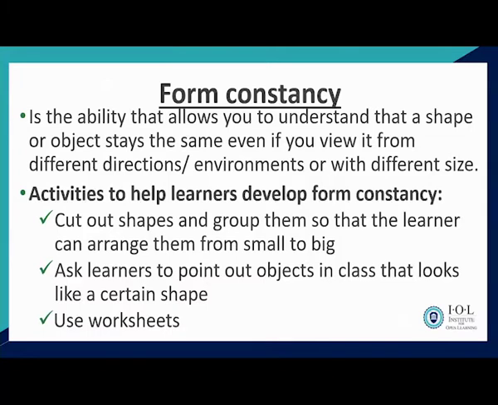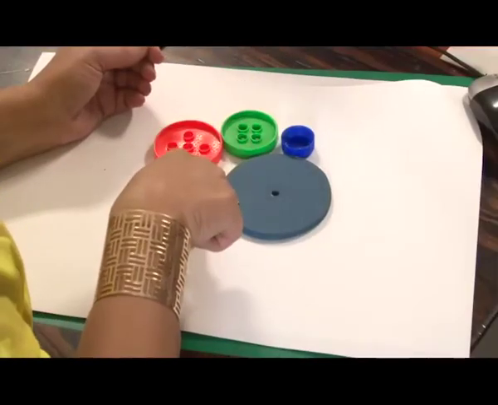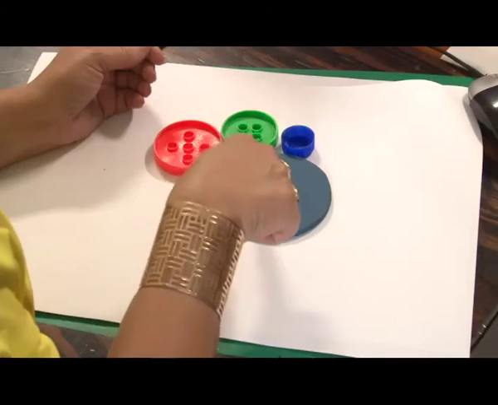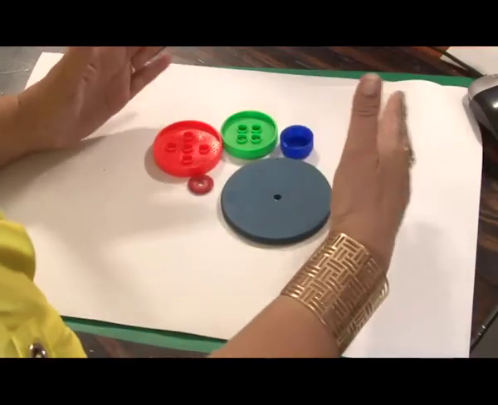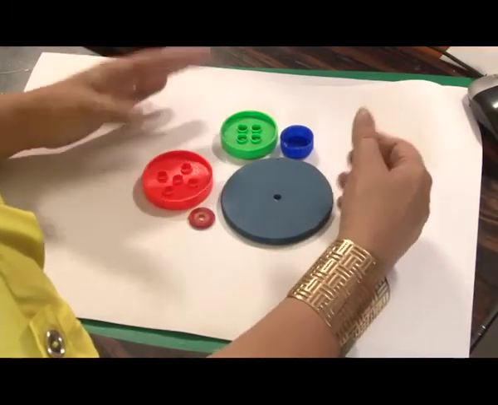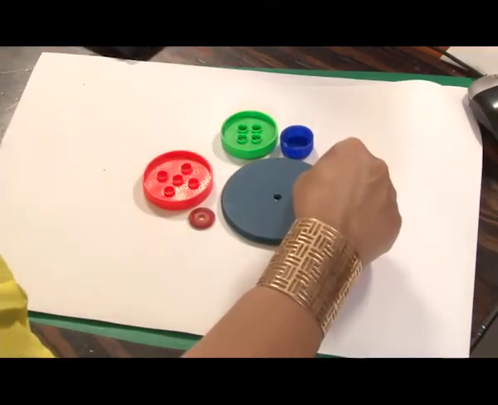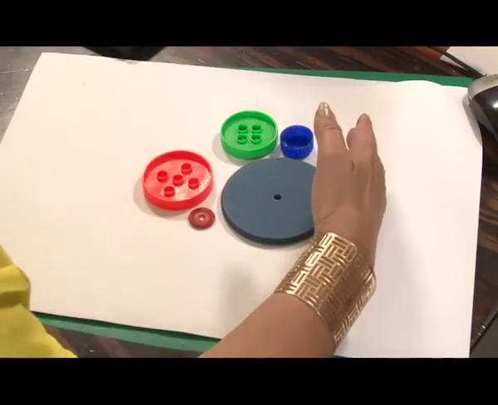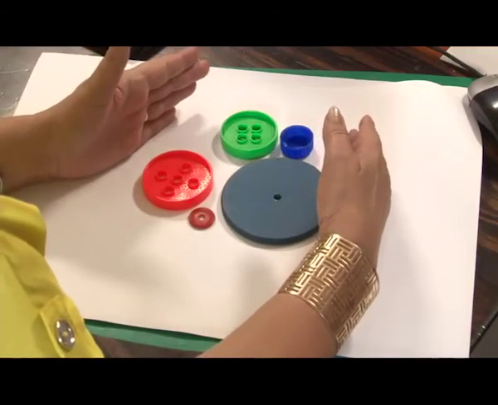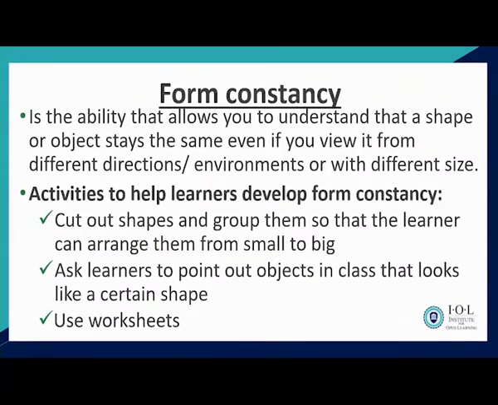Again, the objects here in front of me. They are all circles, even if you look at them from a different direction, from far from you, from closer to you, or in a different environment. This circle in front of me is the same circle that is in the class, the same circle that is at home.